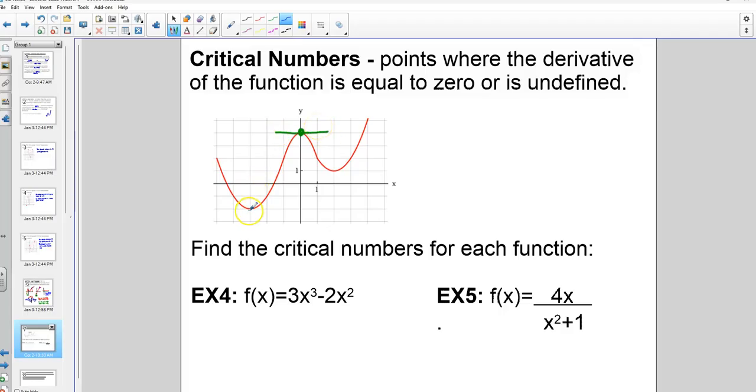Okay, also at negative 3, and also right here at 2. What do you notice about those points on your graph? They are maximum minimum points, right? At least relative, possibly absolute, like in the case of the one at x equals negative 3. So, if you have a maximum or minimum, it's going to need to be at critical points.